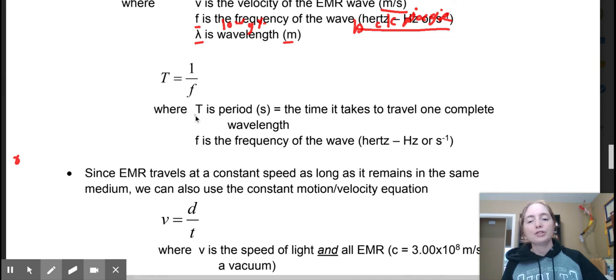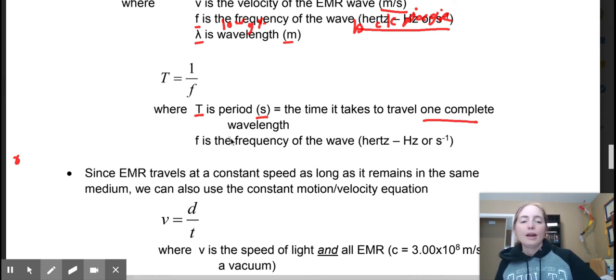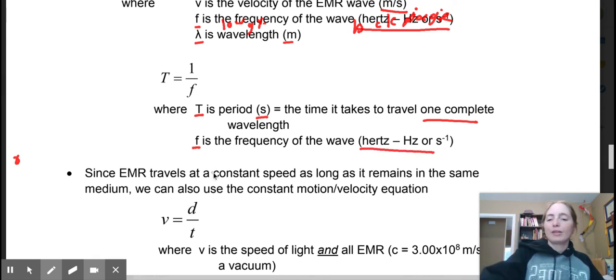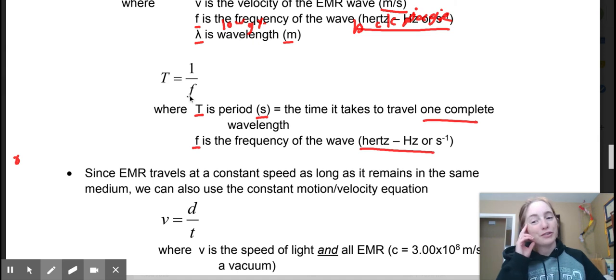And T is the period in seconds, so that is how long it takes one wavelength to travel a certain distance. Okay, so the time it takes for one wavelength to pass a certain point. Frequency is going to be your hertz. Okay, and they are the inverse of each other, so we could even write this like that as well.